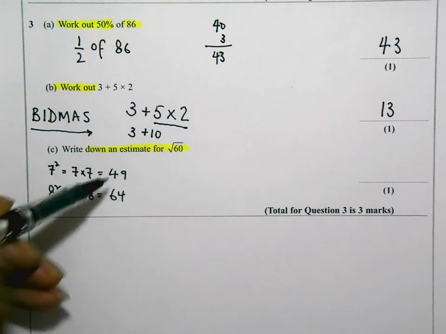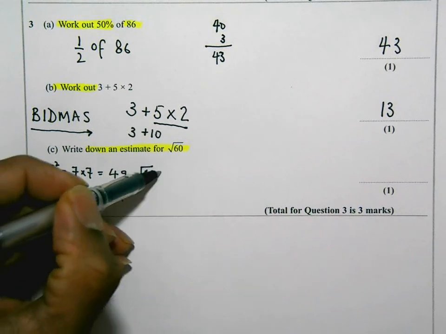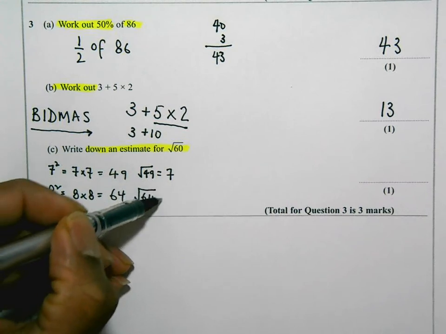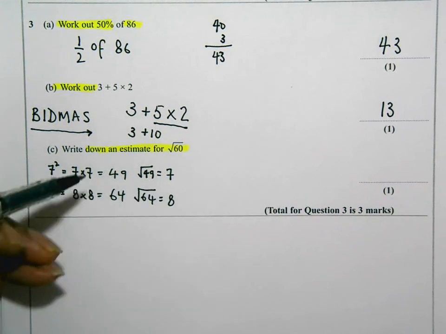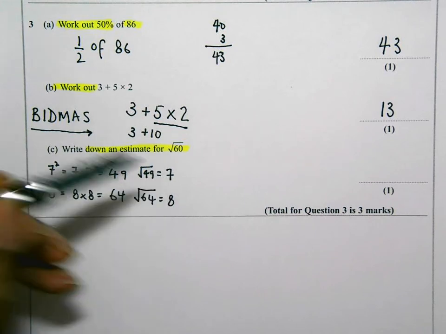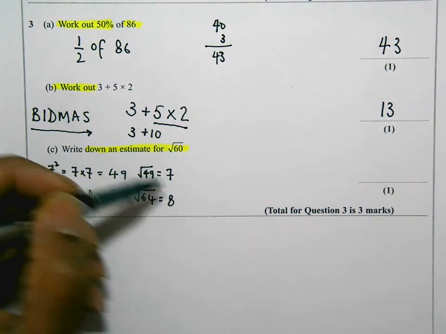And why is that important? Well, the square root of 49 is 7, and the square root of 64 is 8. So the square root of 60 is going to be somewhere between 7 and 8. And in fact, the examiners will accept any number between 7 and 8 for the square root of 60.